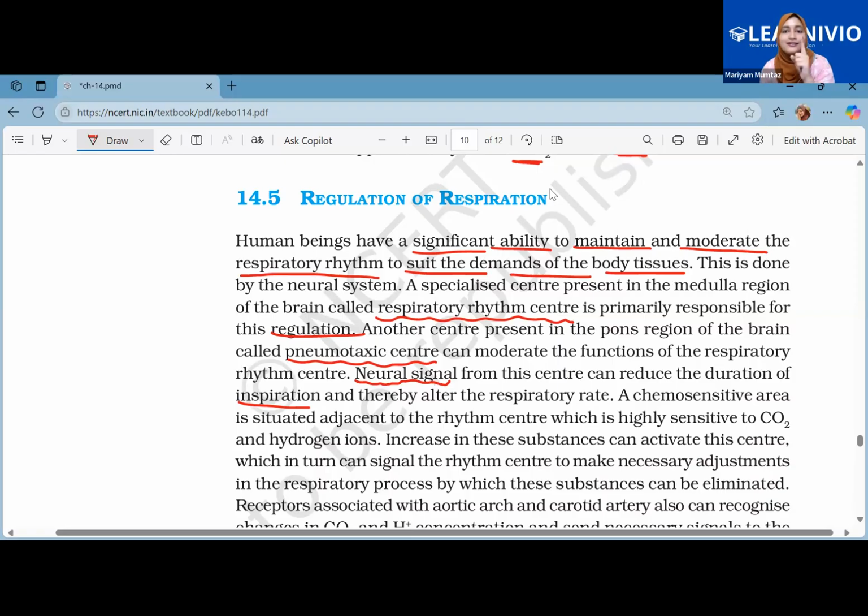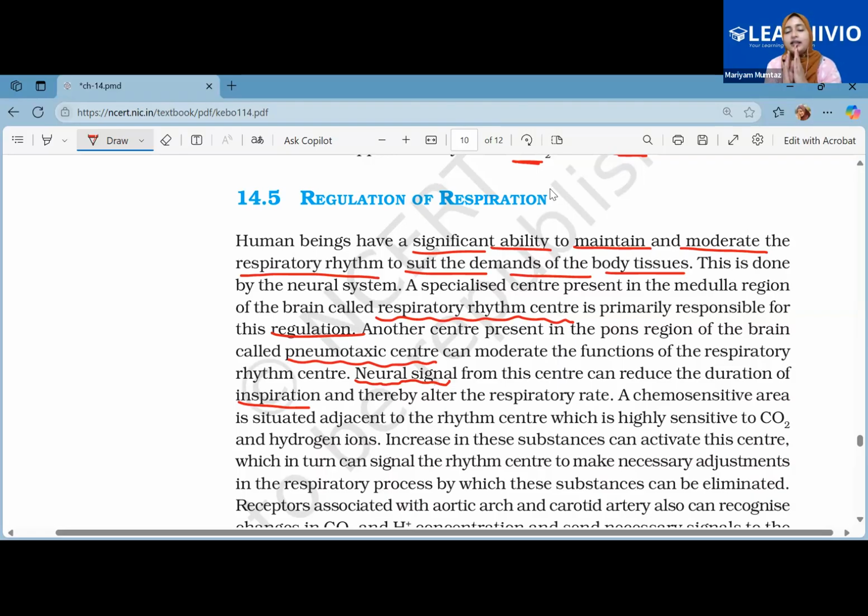Which one? Carbon dioxide. So whenever there is more amount of CO2 in our body, this neural center will get activated. It will make our body inspire more so that we get more and more oxygen. Getting my point?